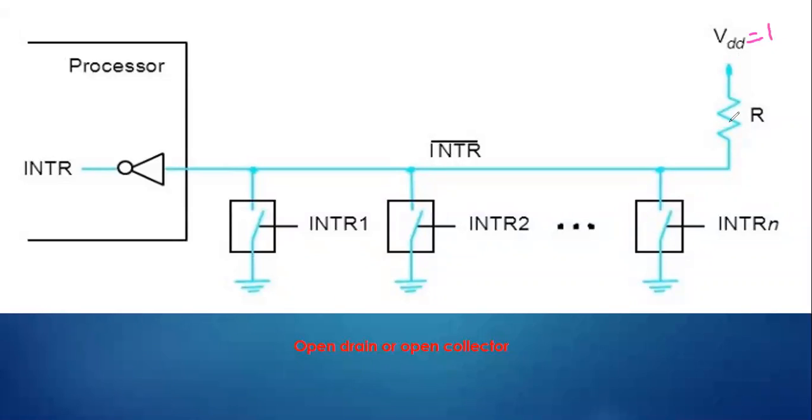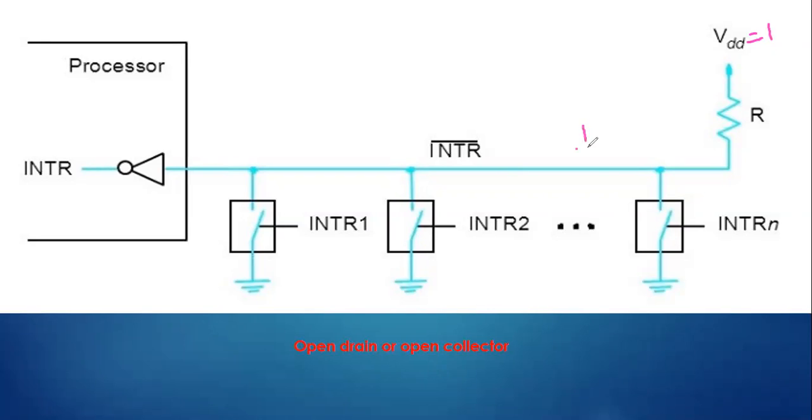What is the flow we have here? 1, exactly. Observe carefully. If the voltage level in this particular line is equal to 1, we have a NOT gate here, so the complement of that is received by the processor. Whatever voltage we have here, the complement is received by the processor, because we have a NOT gate.